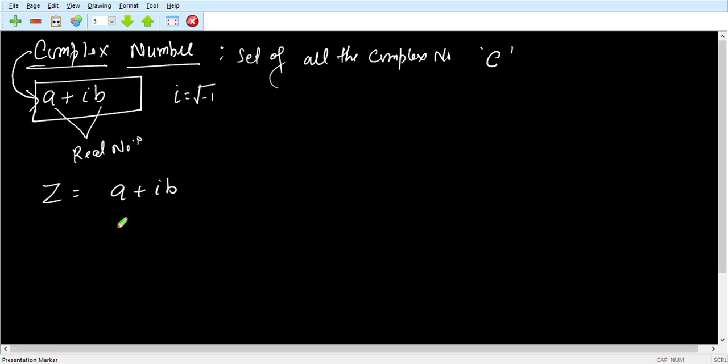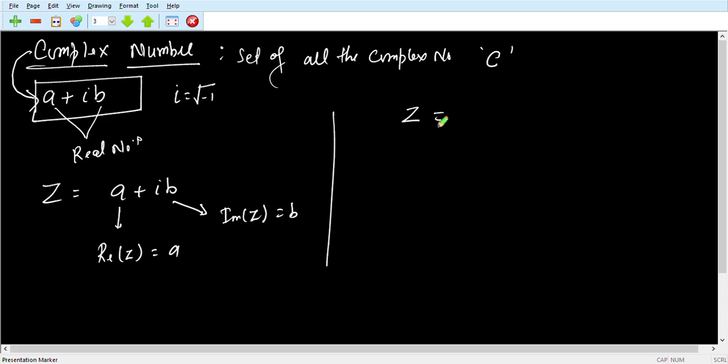So a is called the real part of z, that is a, and b is called the imaginary part of z, that is b. For example, let us suppose I am having a complex number z is equal to 2 by 3 minus iota 3, or 3 iota. You can write it in either way, or you can write 2 by 3 plus 3 iota.